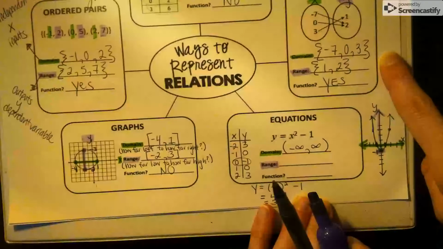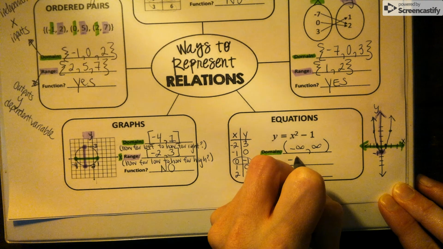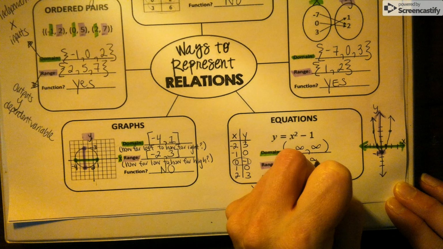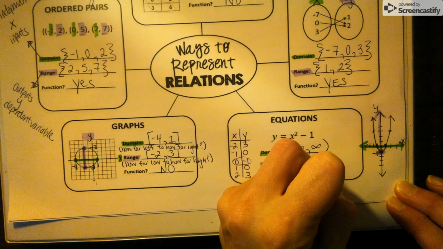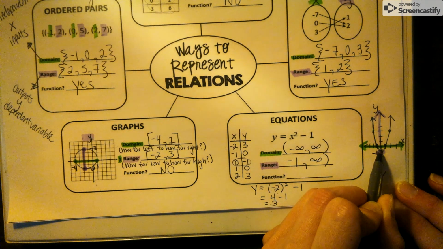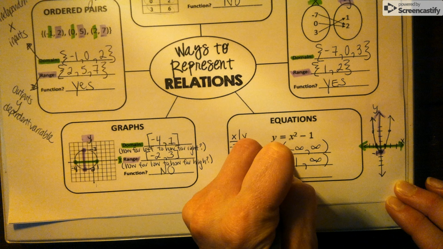So my range here, how far low is -1 to how far high is infinity. And again, for all infinity symbols, we use parentheses. But because my graph crosses that -1 on the y-axis, I have to use a bracket.